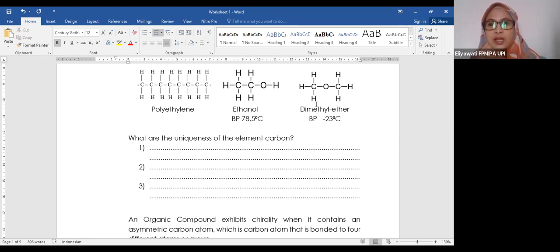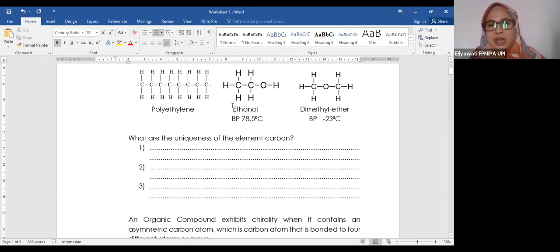Sulfuric acid is one example of inorganic compound, because it does not contain carbon element. So that's why sulfuric acid cannot form isomer. Different with alcohol. Here, ethanol can form any kind of isomer.